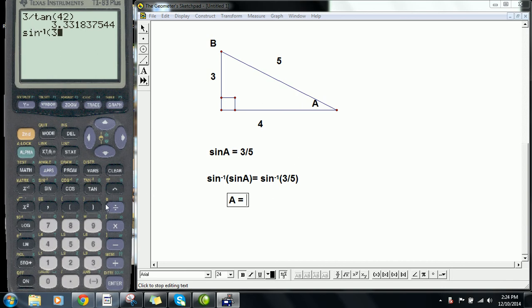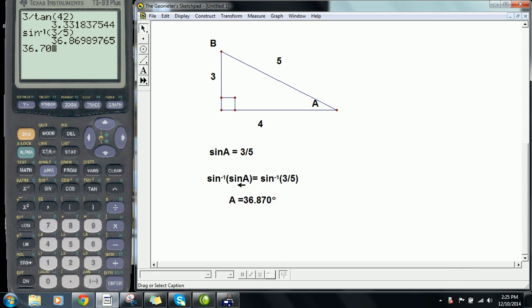So 3 divided by 5. I'm going to press enter. There's my angle in degrees. I'm in degree mode, so it's giving me the angle in degrees. And that's going to be 36.870 degrees.